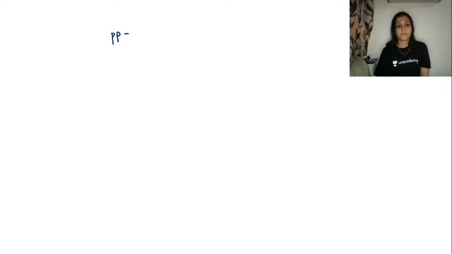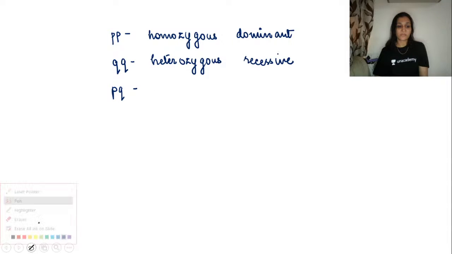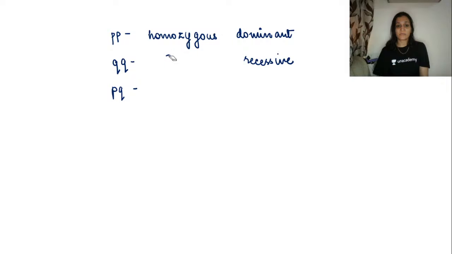This PP is telling you about the homozygous dominant condition, and QQ is telling us about the homozygous recessive condition. I had written heterozygous recessive, sorry, this is homozygous recessive.